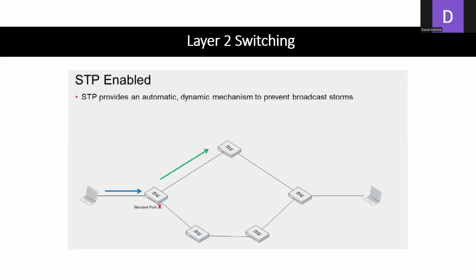But what's going to happen is the language that switches speak to each other, which is BPDUs, is going to notice a topology change. From a high level, that topology change is going to be communicated to all the active hosts, which are switches, within the spanning tree. They're going to hear about it.